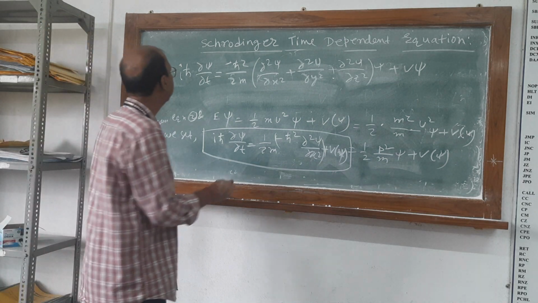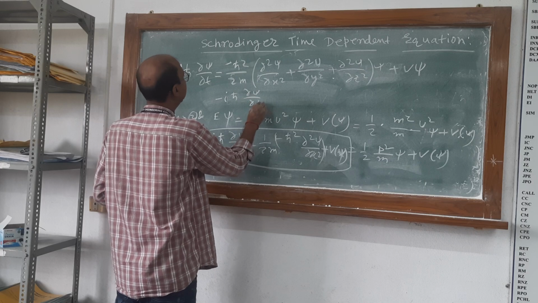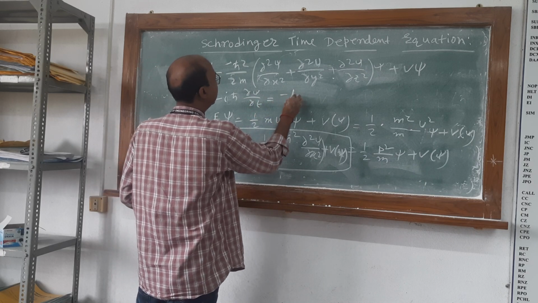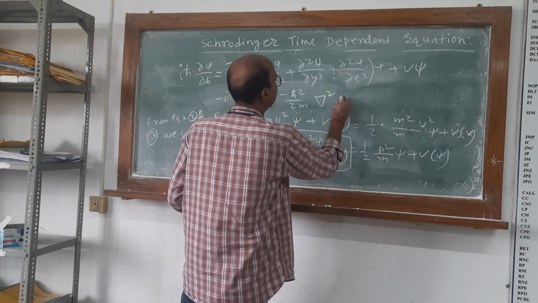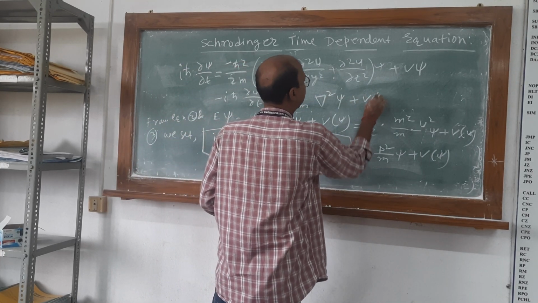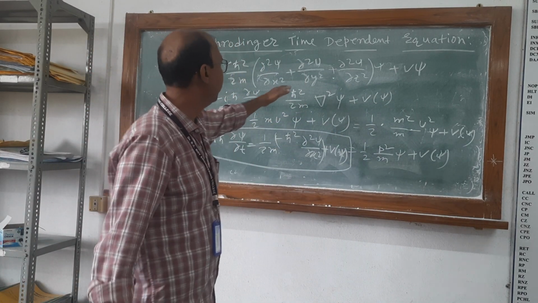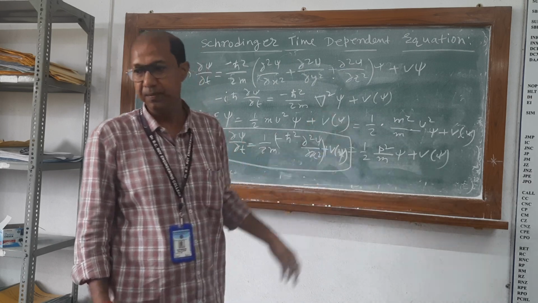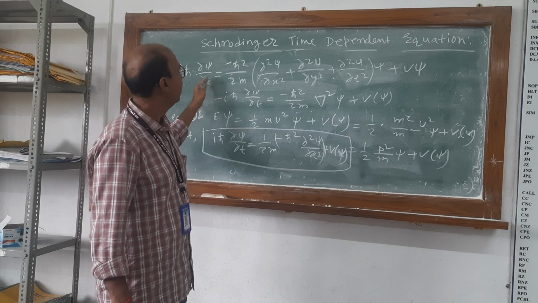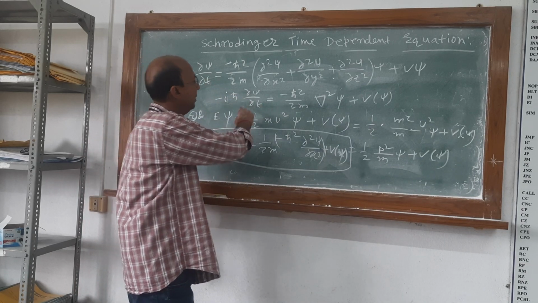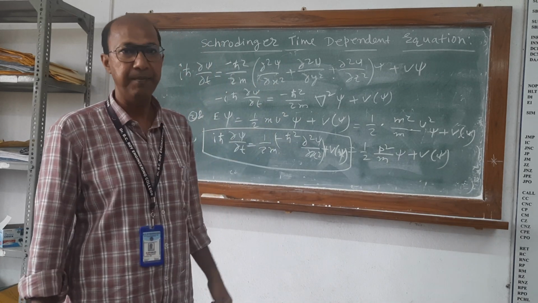Or it can be written with the Laplacian operator, del squared, replacing this value. So in the three dimensional case, the Schrodinger time dependent equation can be written in this way.